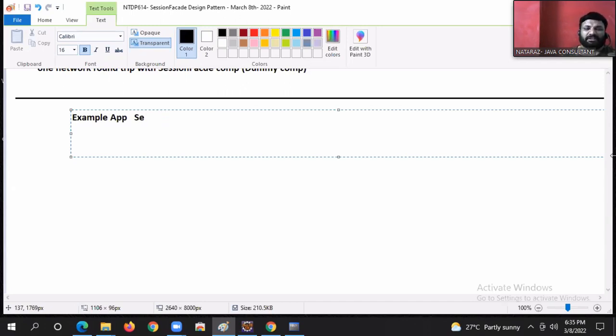Example application on service locator plus SessionFacade design patterns.